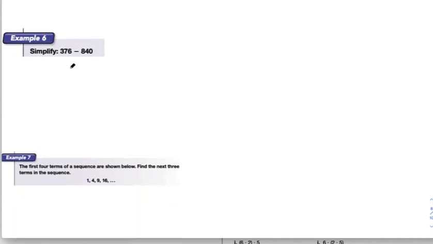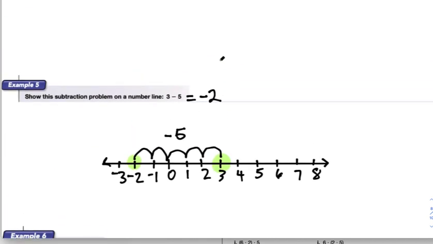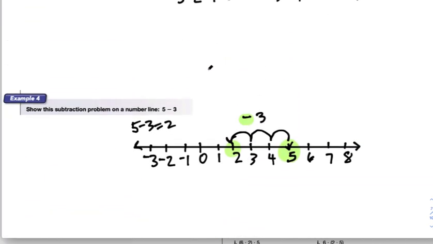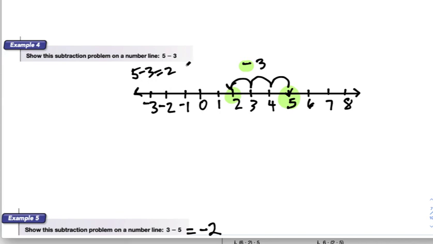We have to simplify 376 minus 840. Well, this is kind of hard because I'm not sure what I understand here. I don't want to write a number line this long. Let's go back and see if we can see some inference from what we have done. So when we did 5 minus 3, the answer was 2.